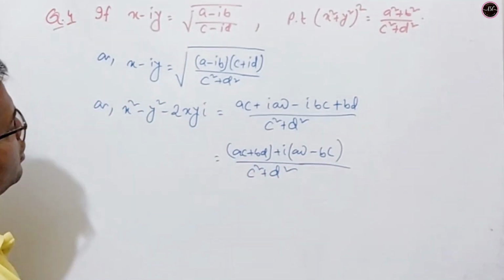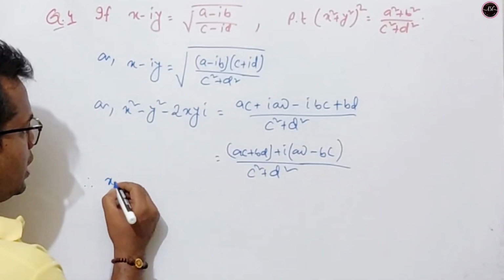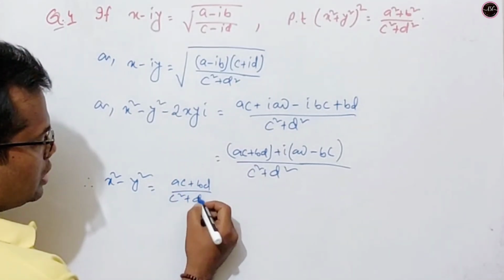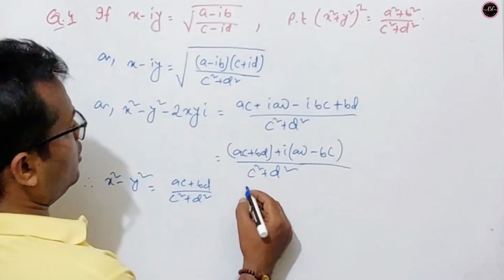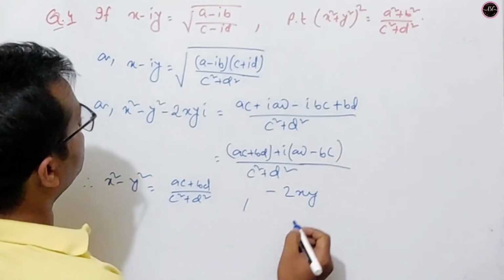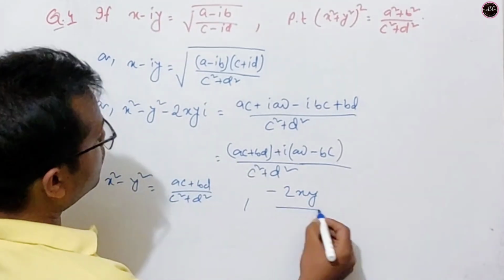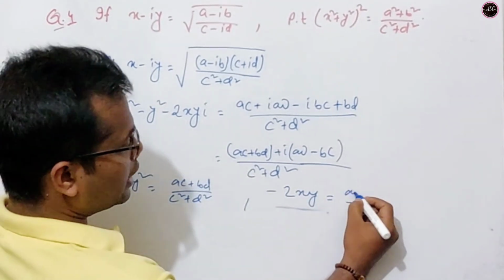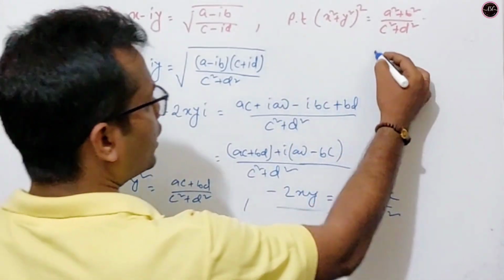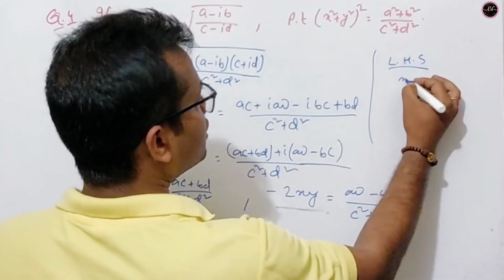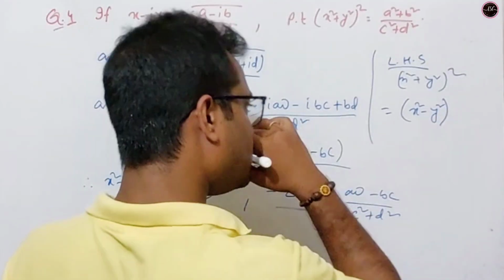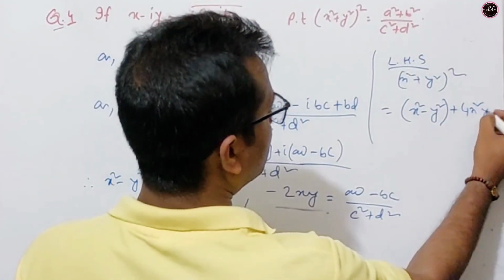Now comparing both sides, we get x square minus y square equal to AC plus BD divided by C square plus D square, and minus of 2xy equal to AD minus BC divided by C square plus D square. Now here LHS equal to x square plus y square whole square. That means this can be written as x square minus y square plus 4x square y square.